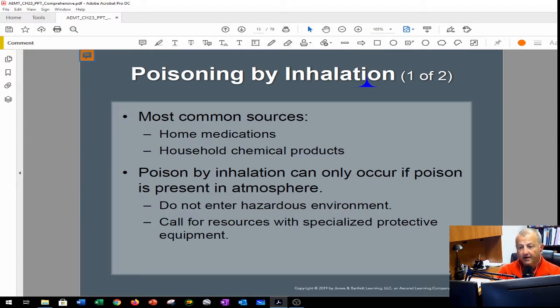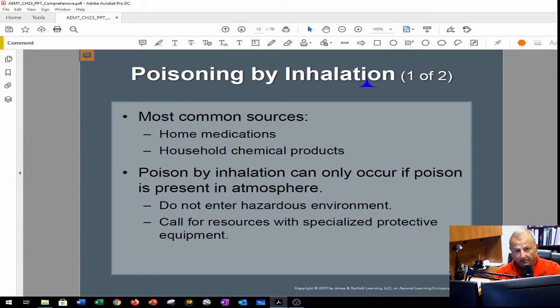Inhalation. So inhalation is a different story. Most common home medications can be inhaled, household chemical products, your preferred spray paint color, but inhalation unfortunately can go straight to the bloodstream. The physiology behind that is the same physiology we've talked about before in breathing. When you inhale, that goes down the trachea, into the bronchi, bronchioles, and into the alveoli.